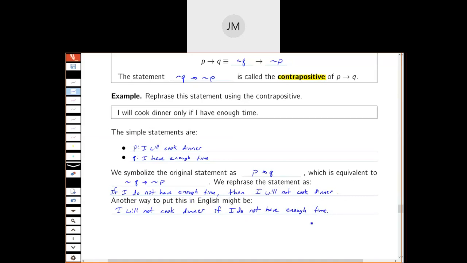So I will cook dinner only if I have enough time is the same as saying I will not cook dinner if I do not have enough time. Okay, they're logically equivalent.